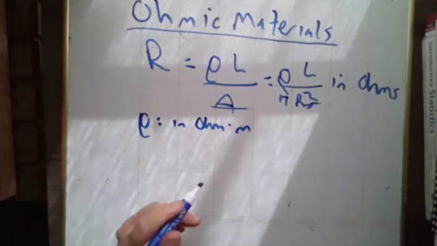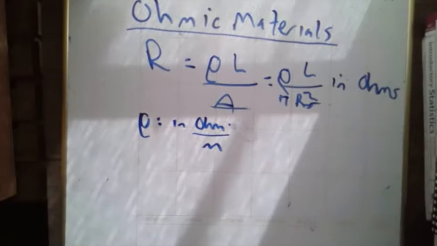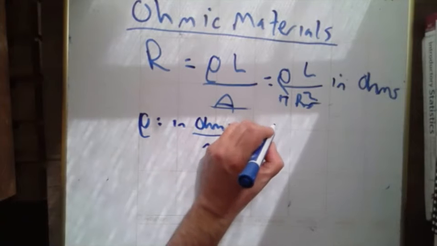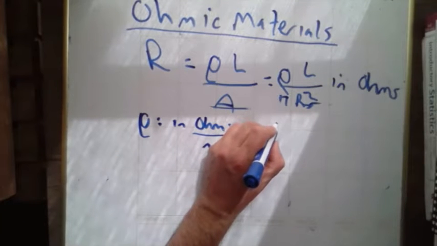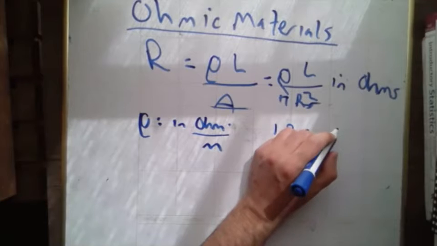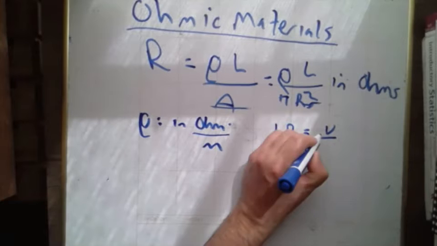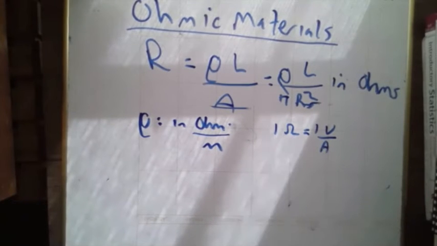Let me check my units there. One ohm is one volt per amp.